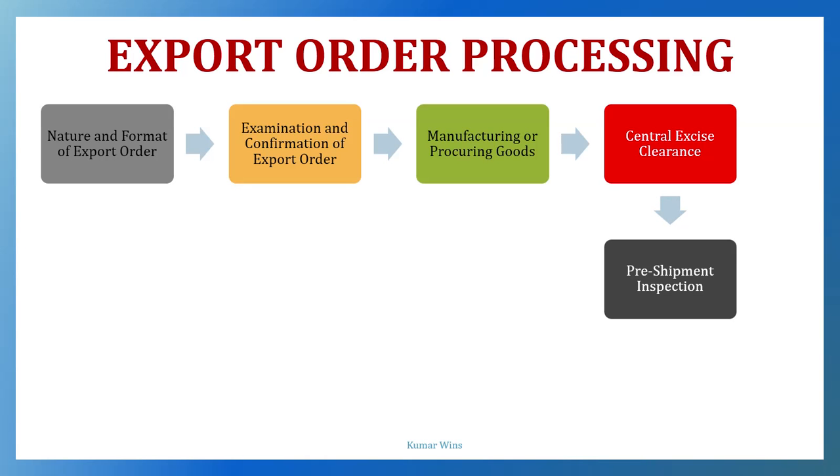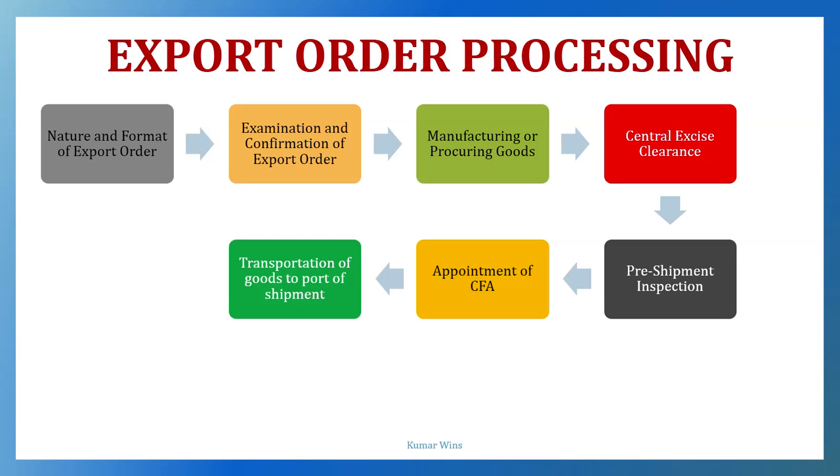Now there will be pre-shipment inspection. Then clearing and forwarding agent is appointed, who takes care of most of the jobs in export order processing. So here appointment of CFA is over. Then goods are transported to the port of shipment.